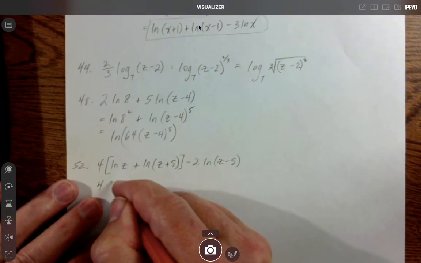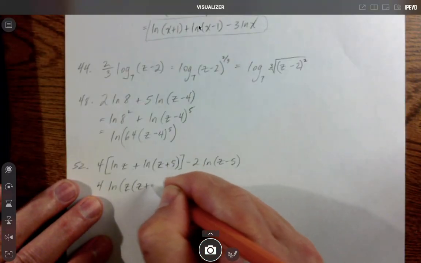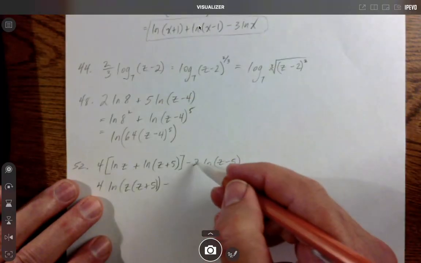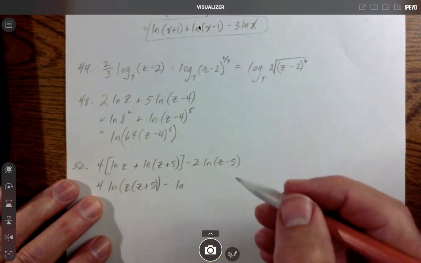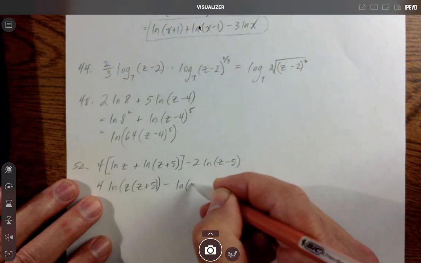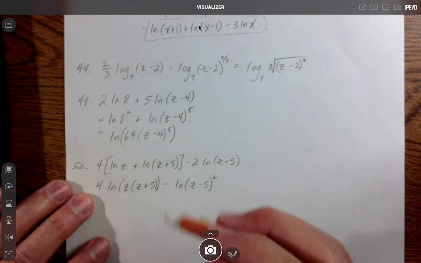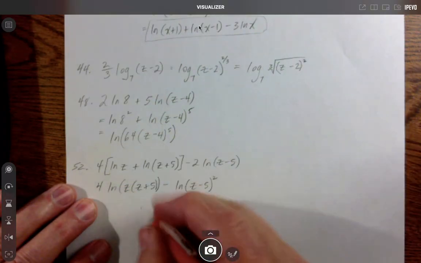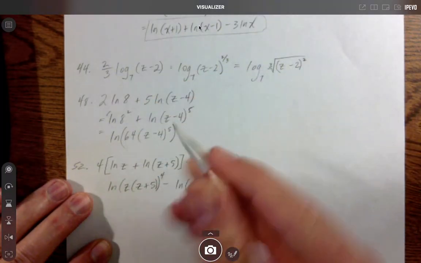This would be 4 times the natural log of z times z plus 5, minus, and that 2 I'm going to put on there, so that's natural log of z minus 5 squared. I'll take that 4 and put it right there, because that would be the next step.